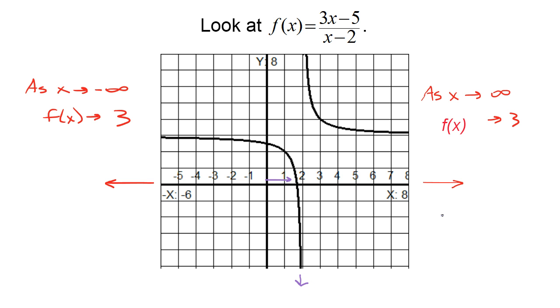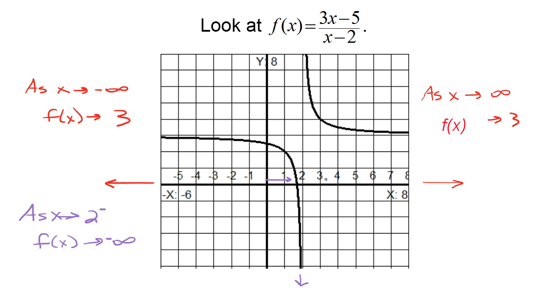The way that I say that is as x approaches 2, and actually if I put a little minus sign there, that means as it approaches 2 from the left. So as x approaches 2 from the left, f of x is shooting off to negative infinity.